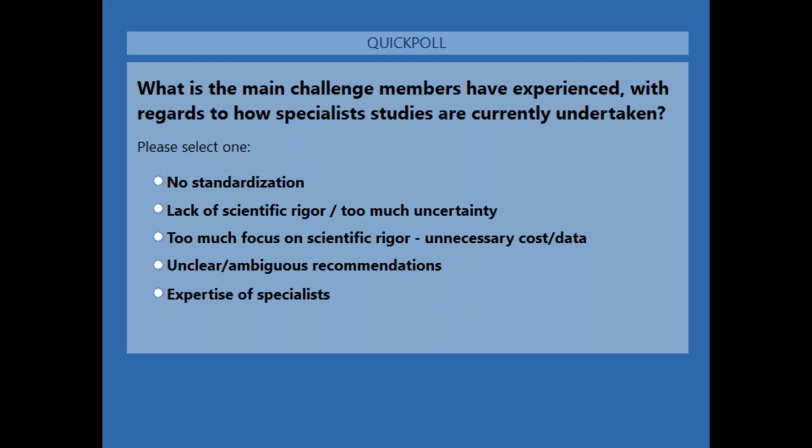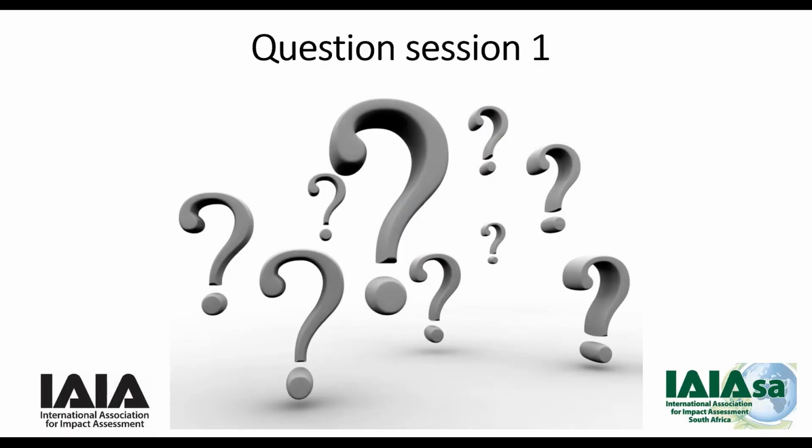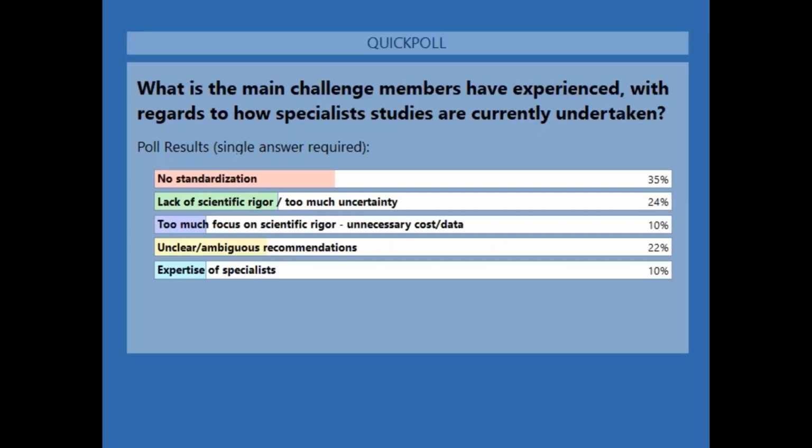And with that, we will close the poll, collect the responses, and share those responses. So what we have found within this group is the top answer was that 35% of people responded that no standardization was the hardest challenge, followed by lack of scientific rigor or too much uncertainty at 24%, with 22% unclear or ambiguous recommendations, and then tied at 10%, too much focus on scientific rigor and the expertise of specialists.